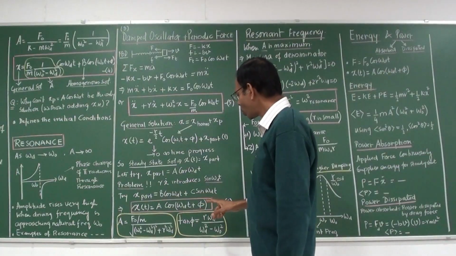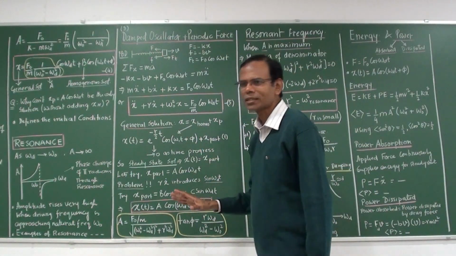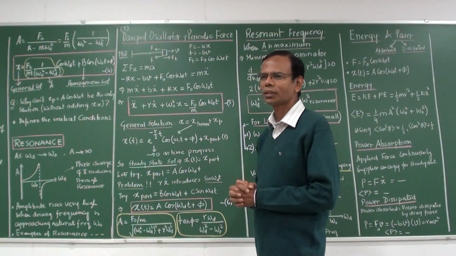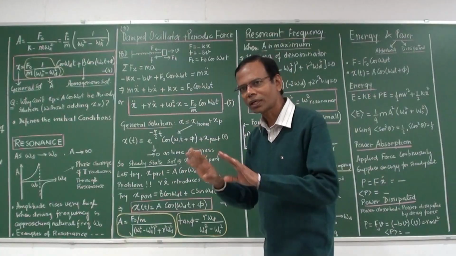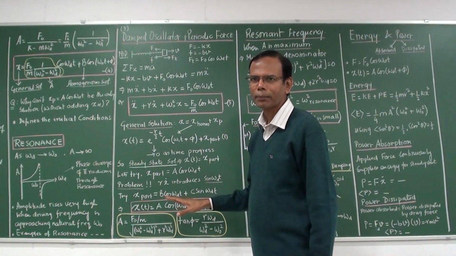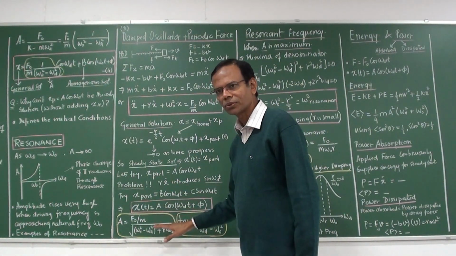But here we are not including right from the beginning. We are including only the steady state. In the steady state, whatever my initial condition is doesn't matter. I have forgotten about my initial conditions. So the initial condition will not come over here. It is only the steady state solution.